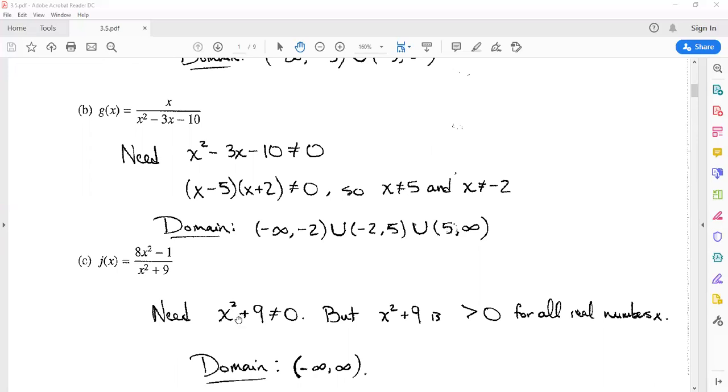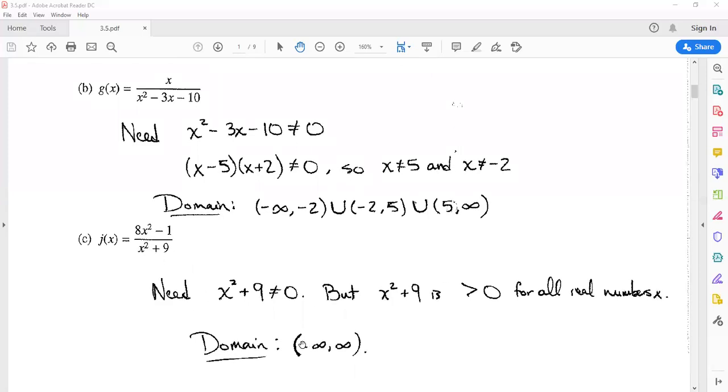Then when we add 9 to that, the result we get is always greater than or equal to 9. So in particular, it will never be equal to 0. So any real number x can go into this expression, and the denominator will not be 0. So the domain in this case is all real numbers, or rather the interval from minus infinity to infinity.